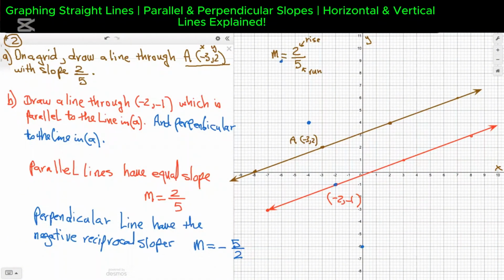So there's another point. Now you could just draw your line. And this is the perpendicular line to the brown line. And if it's perpendicular to this, it's also perpendicular to this since these two are parallel. So that means they form a 90-degree angle.